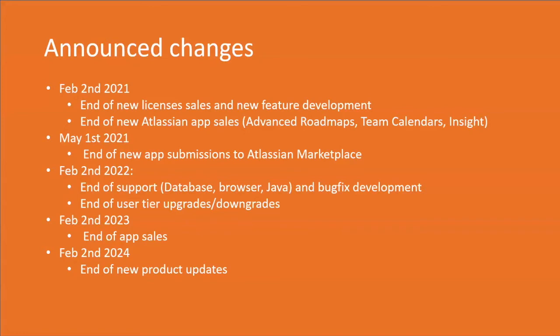Between 2021 and 2022, while Atlassian won't develop new features for server, they will still come up with support for new browsers, databases, Java versions, and bug fixes. And between 2022 and 2024, those will cease also, and there will be only the security patches.